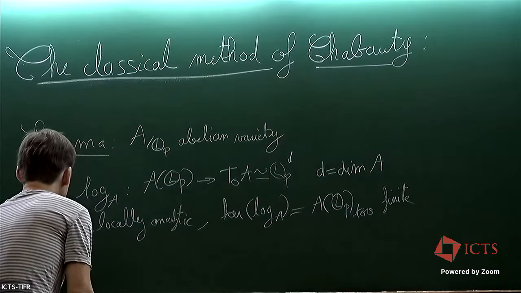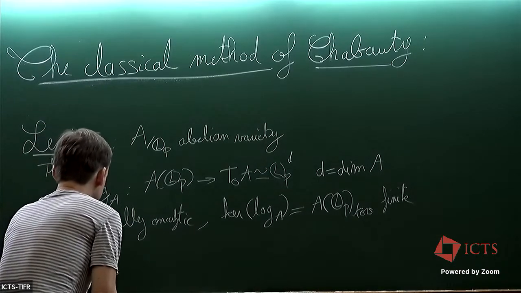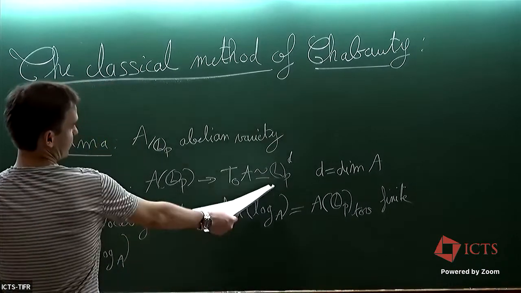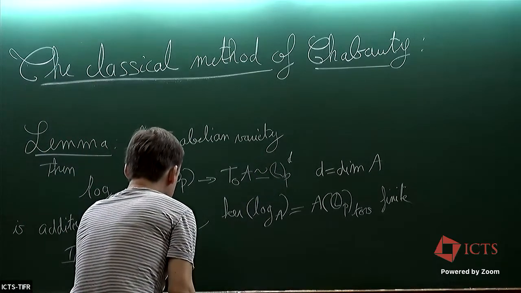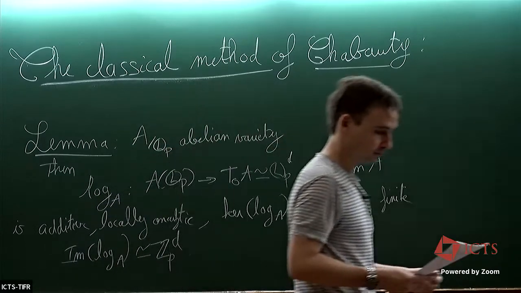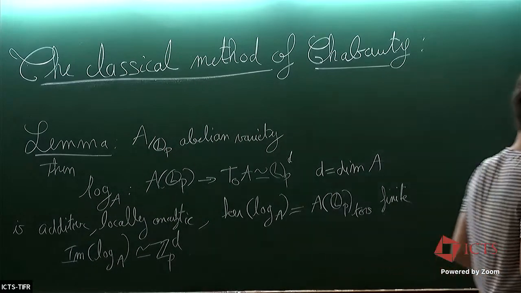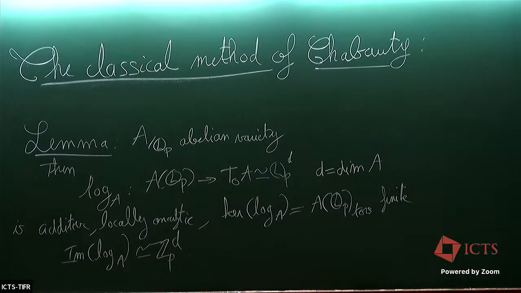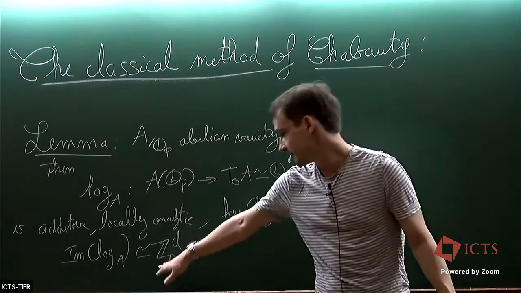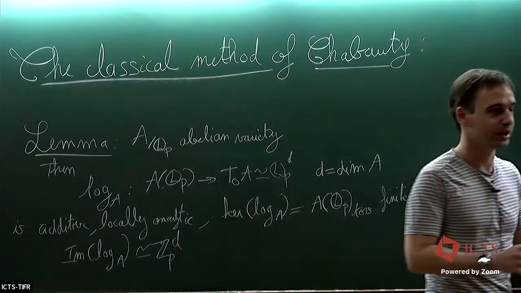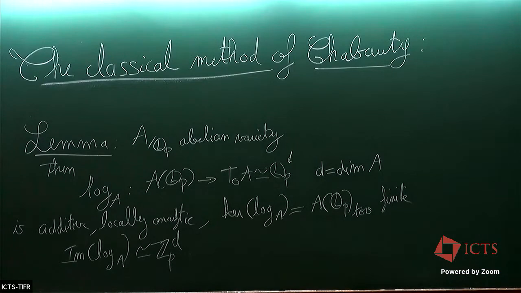And the image is a subgroup of Q_p^d, which is isomorphic to Z_p^d. I added in the notes some more details, at least in the case of Jacobians, about what exactly is the shape of this. So you see here you have a lattice inside the tangent space. We can be a bit more precise, but for now, you have a bit of an idea of what it looks like.